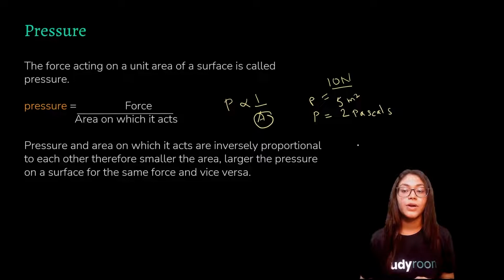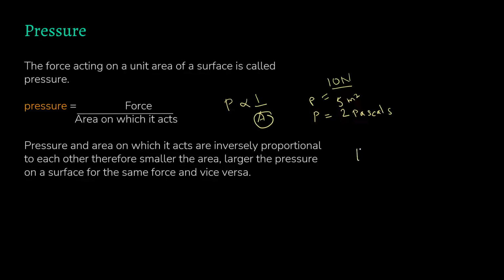Now if we reduce the area for the same amount of force, that is we reduce the area to 2, the pressure will be 5 pascals. Simple enough to understand, very easy. So therefore, smaller the area, larger the pressure on the surface for the same force and vice versa.